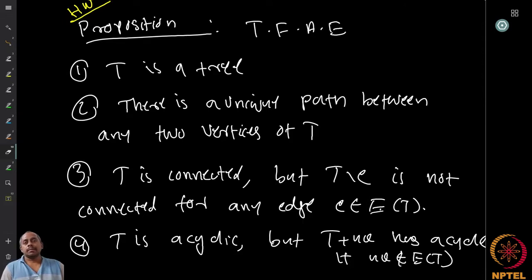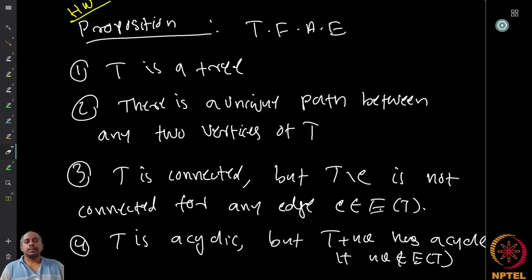And the graph T is acyclic, right? There is no cycle. But if you add any edge which was not present, so suppose U and V are not adjacent, you add an edge U to V, then it creates a cycle in the graph T. If this is true for every non-edge U and V, then we say that it is also a tree.